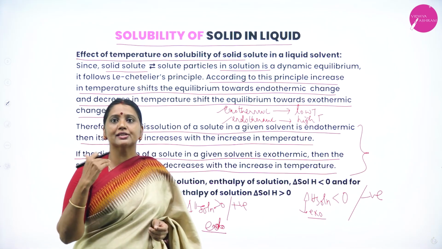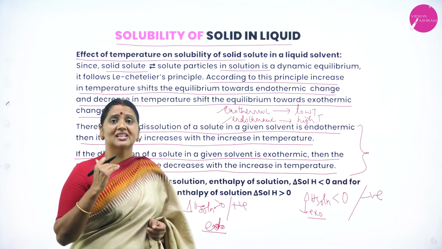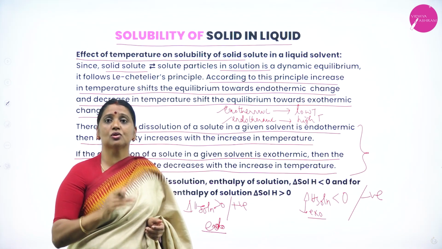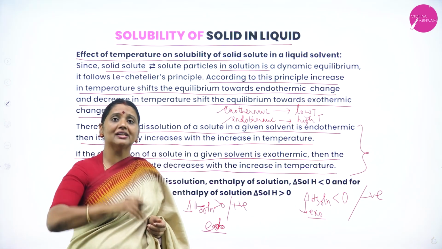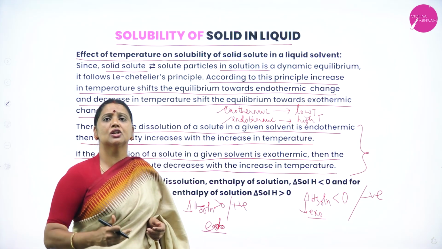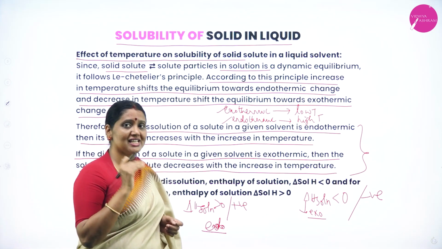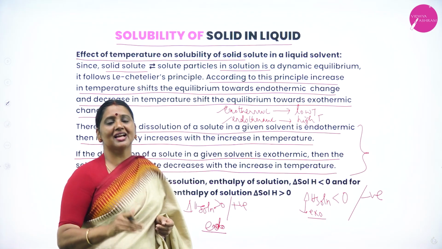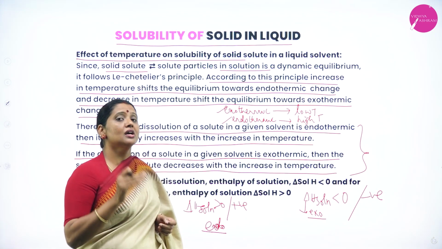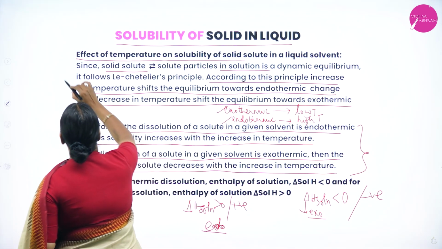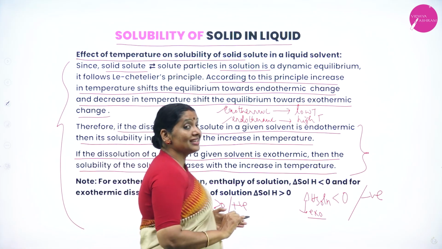Exothermic reactions are those where heat is liberated; where heat is absorbed, they are called endothermic. So, for exothermic reactions the enthalpy of solution is less than 0, and for endothermic reactions it is greater than 0: negative as well as positive.